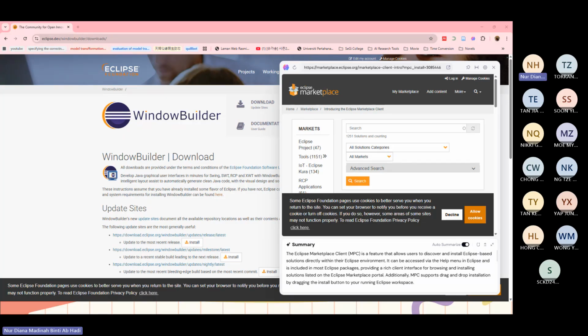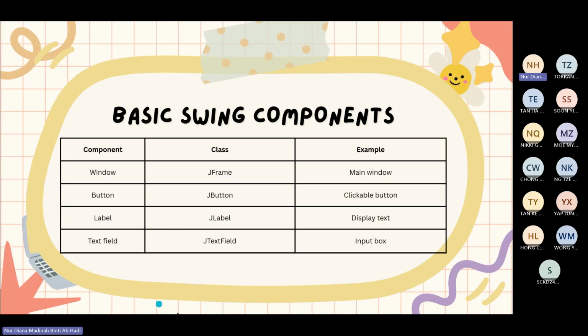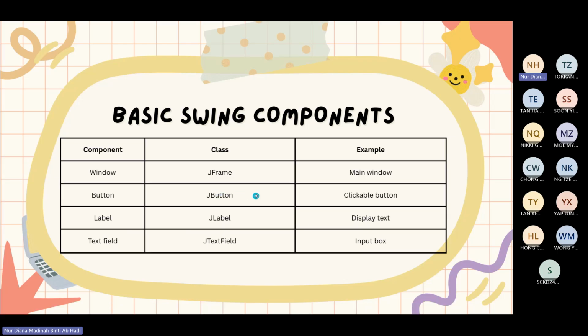So these are the basic Swing components. Window is for JFrame, button is for JButton, label for JLabel, and text for JTextField. All of them will be used for different purposes. Okay? Clear?